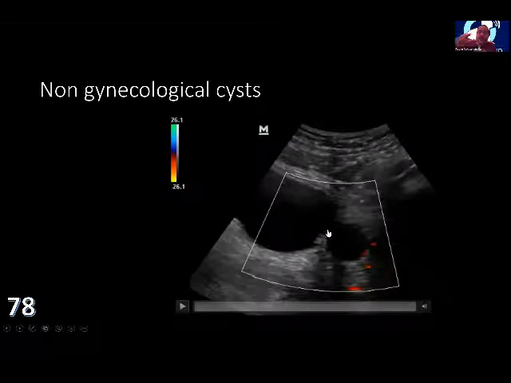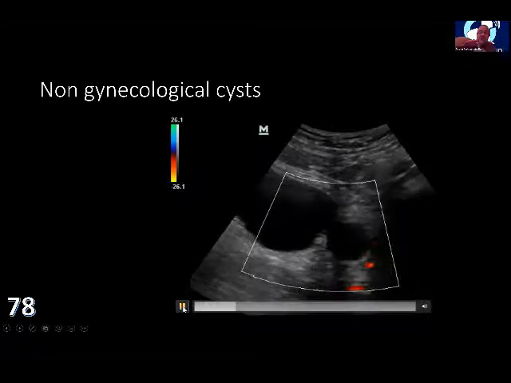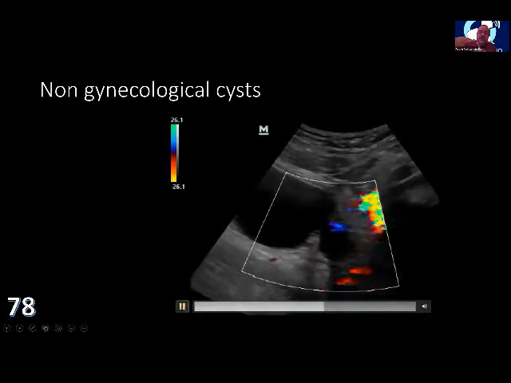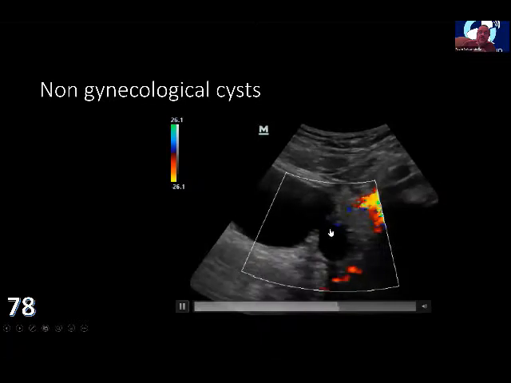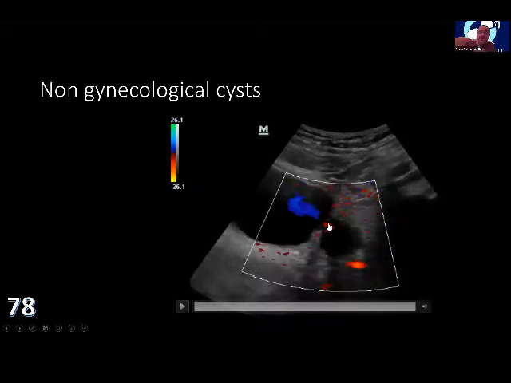And from another angle, we see the bladder, a cyst-like structure apparently communicated to the bladder, which we can document like that. If you saw the flow at the blue thing, see?